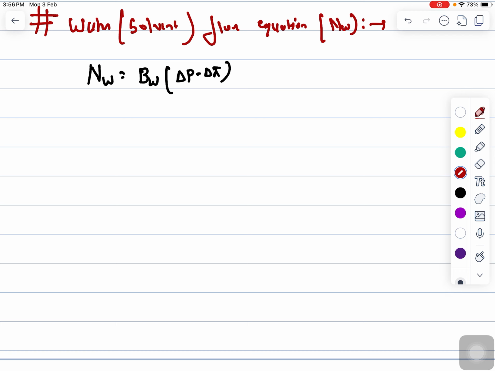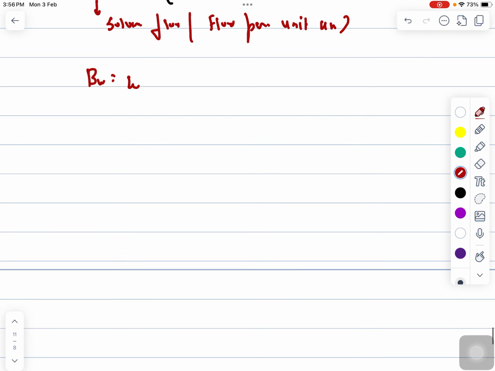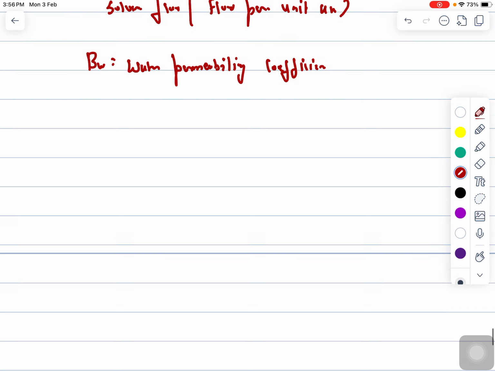NW is obviously the solvent flux, with units of flow per unit area. And what is BW? BW is the water permeability coefficient. You must be knowing these things.